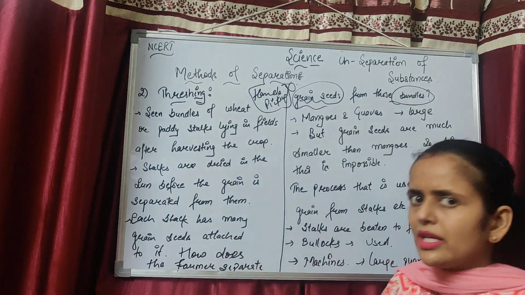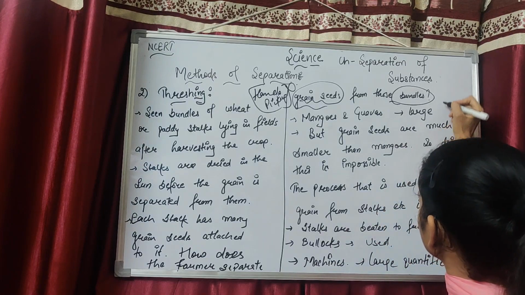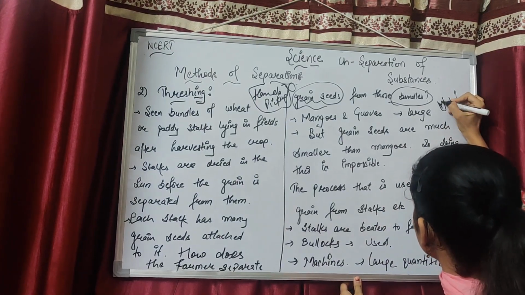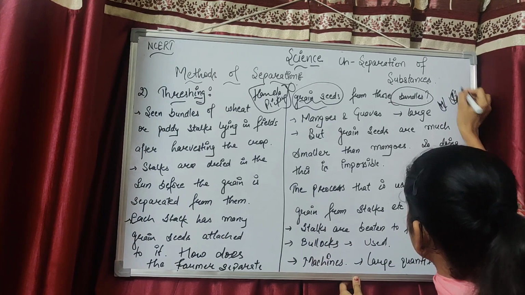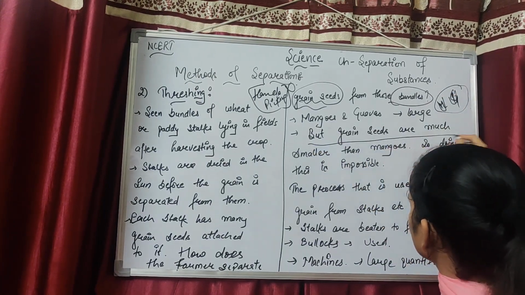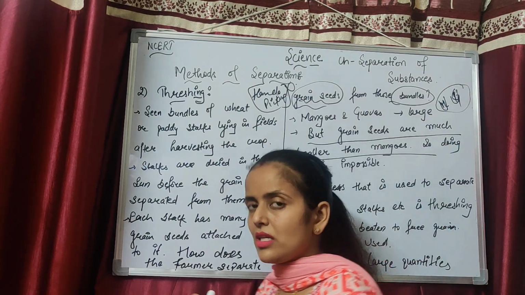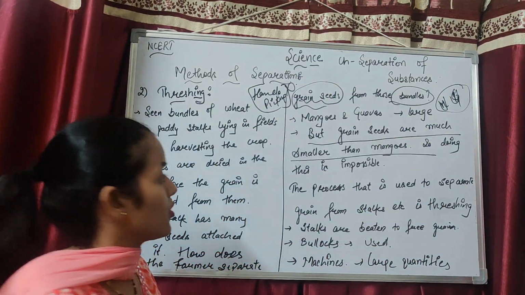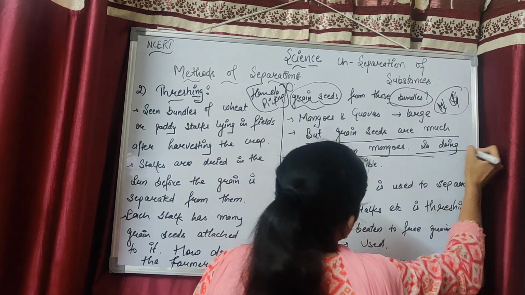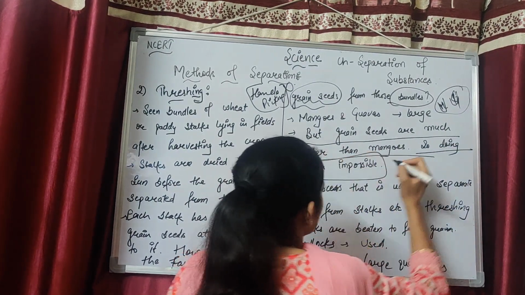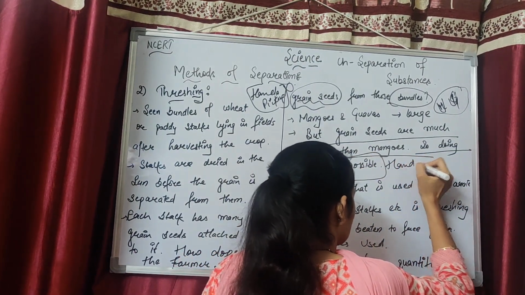So you can easily hand pick and make different baskets, like this is the basket of mangoes and this is the basket of guavas. But seed grains are much smaller than mangoes. So this is impossible to do by the hand picking method.